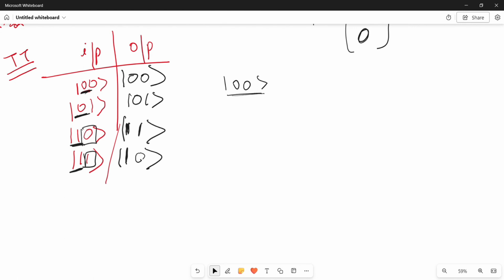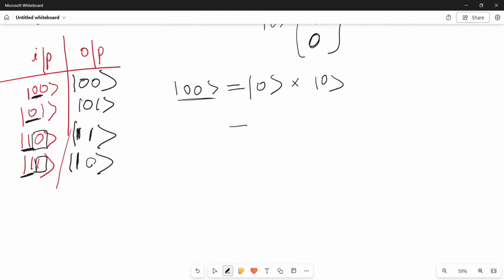So for 0 0, we can write it as ket 0 tensor product ket 0. How we represent ket 0, we know, is 1 0. Again, ket 0 is 1 0.